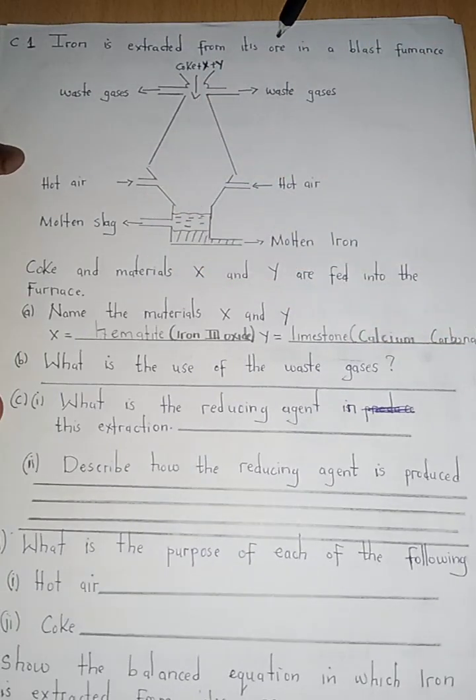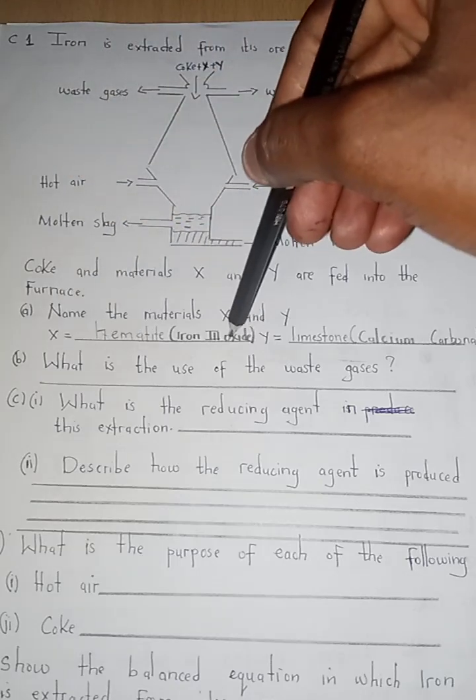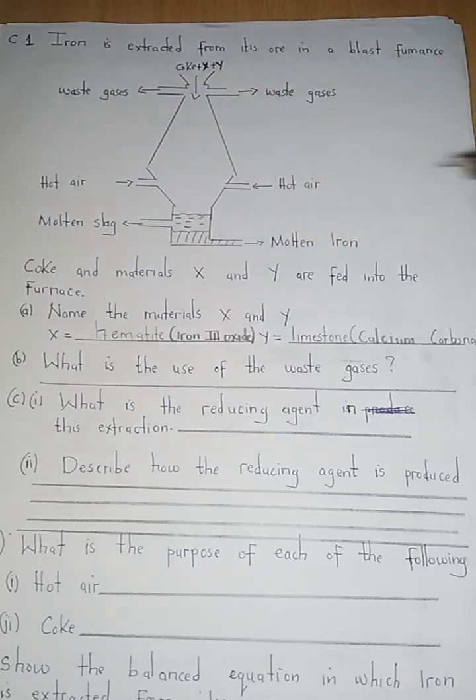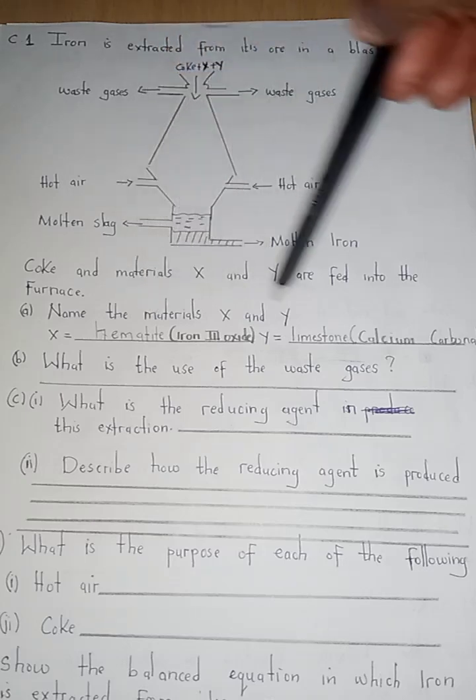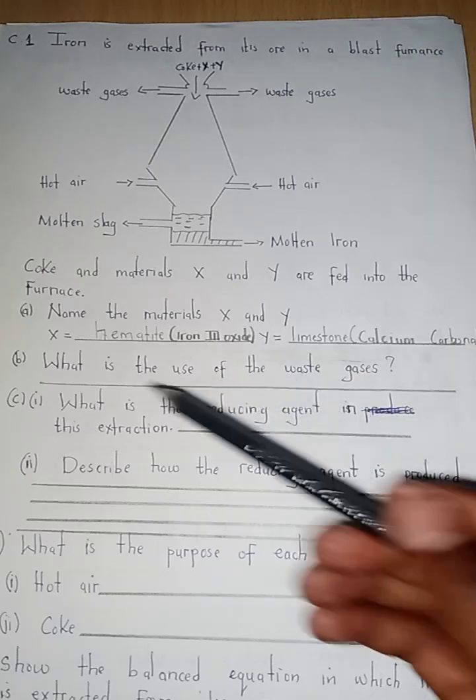Hematite is the iron ore. This is what contains iron but with unwanted substances, oxygen, and other things. So if you have coke, hematite, and limestone, you are good to go with extraction. So if you are given one, just know the other two are missing.